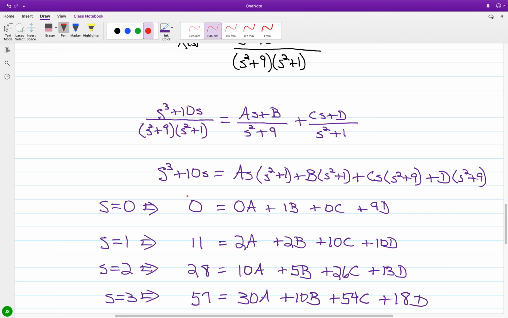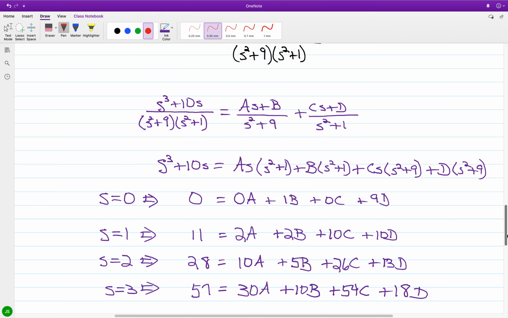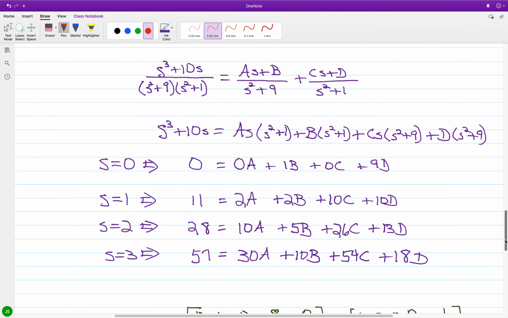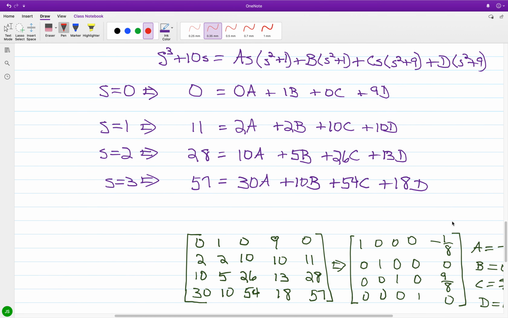Filling in s at 0, 1, 2, and 3, I have these equations, and arranging what I have and displaying a 4 by 5 matrix, for the first columns we have the A coefficients, B, C, D, and the rightmost column has the values to which each equation is set equal. All right, so I have 0, 11, 28, and 57.